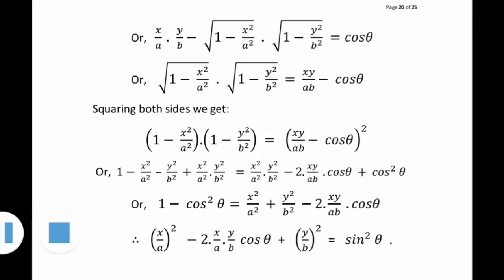So if we make the arrangement, that is 1 minus cos square theta equals to x square by a square plus y square by b square minus 2 into xy divided by ab into cos theta, and finally get the required result. Therefore x by a whole square minus 2 into x by a into y by b into cos theta plus y by b whole square, that equals to sin square theta.